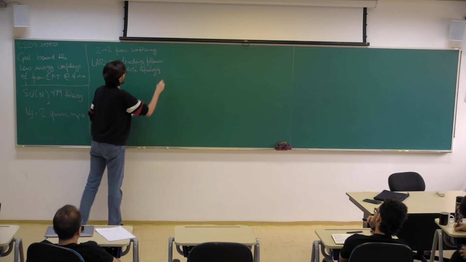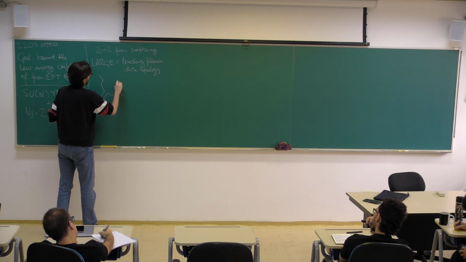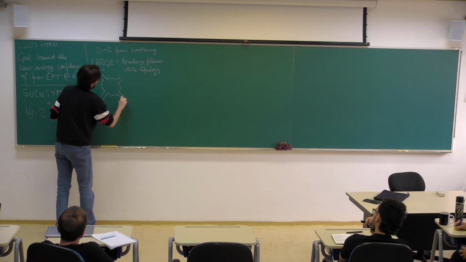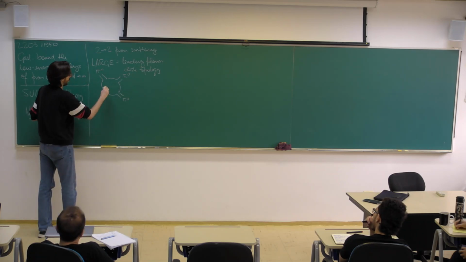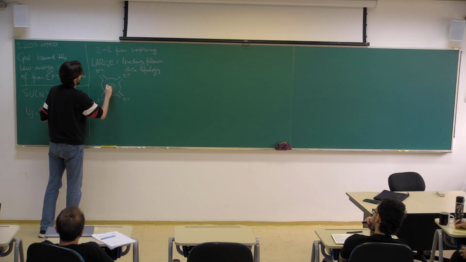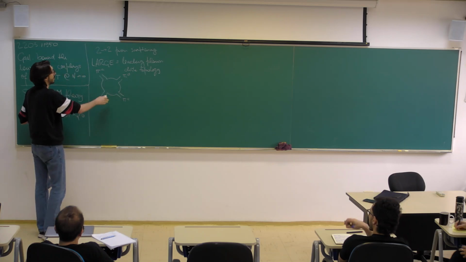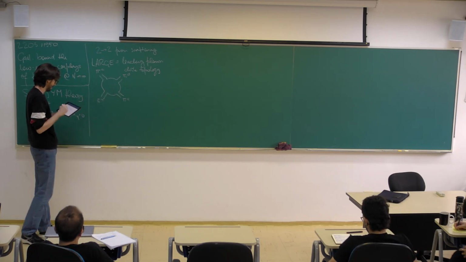So we have something like this. We put a line here, a line here, and a line here. And you don't have stuff like little tubes going on or a loop inside here. It's just a tree diagram which has the topology of a disk.